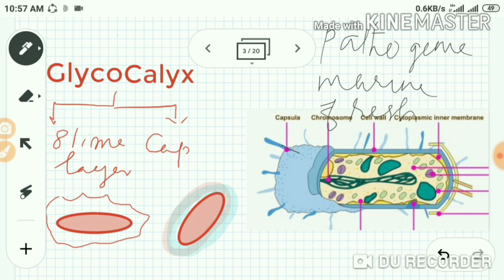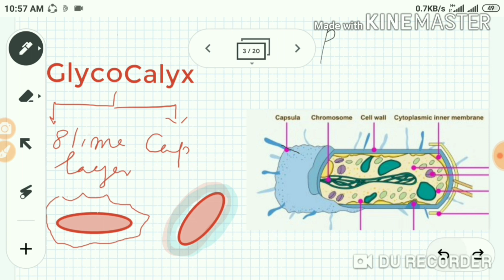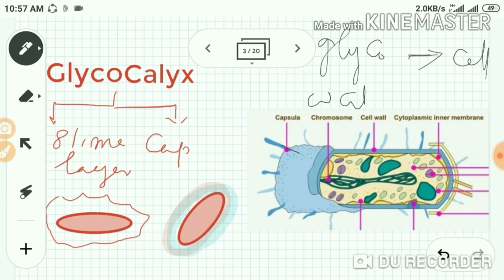So the order would be glycocalyx, the outermost layer, then cell wall, then plasma membrane. This forms the capsule. It's written capsule. That is the outermost layer. Capsule is a glycocalyx. The second layer, inner to that, forms the cell wall, and inner to that is the plasma membrane.